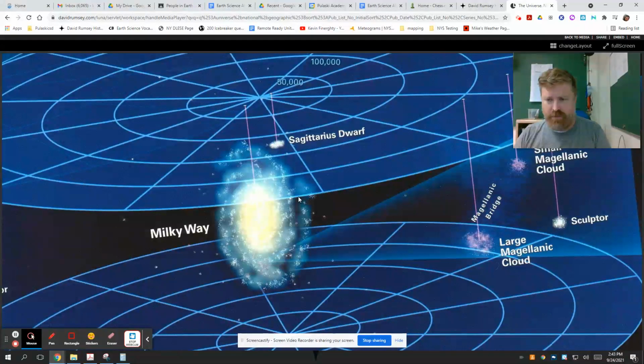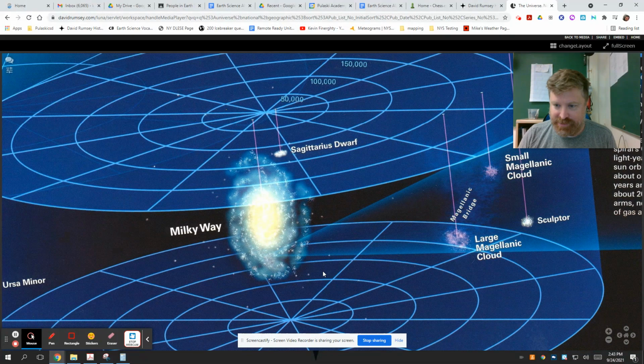If you can get out into the country a little bit and turn down other lights, you can see the Milky Way as a faint band of stars going through the sky. The less full the moon is, the easier that is to make out. We live inside of that disk. It'd be like if you lived inside of a frisbee, what does the rest of the frisbee look like? You would just see it as a stripe.